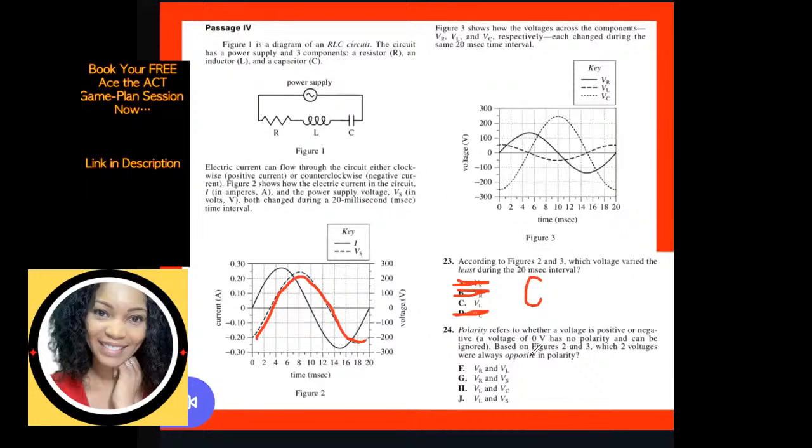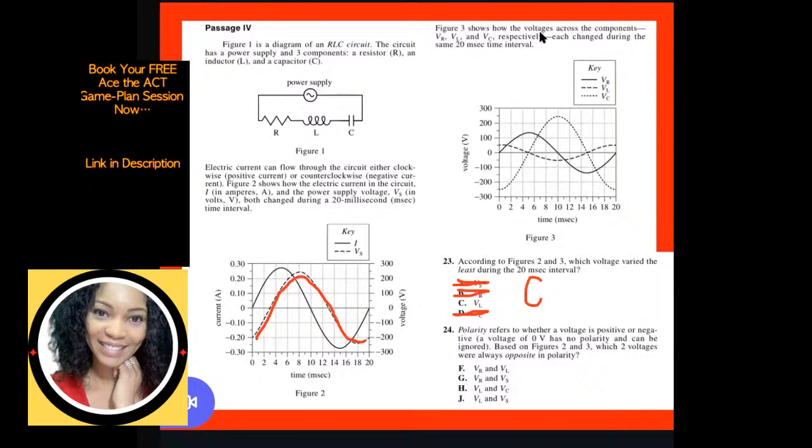Okay, so let's take a look at number 24. It's our last one from this week. It says, polarity refers to whether a voltage is positive or negative. A voltage of 0 volts has no polarity and can be ignored.